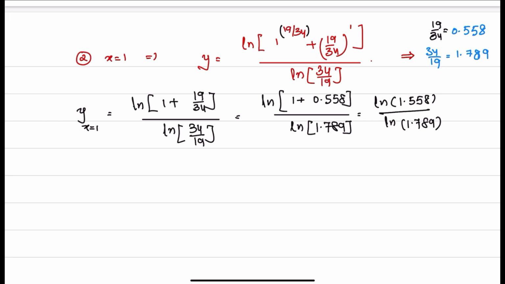That means y at x is equal to 1 is equal to ln 1.558 divided by ln 1.789.